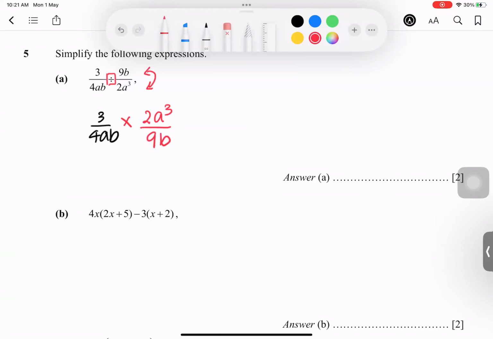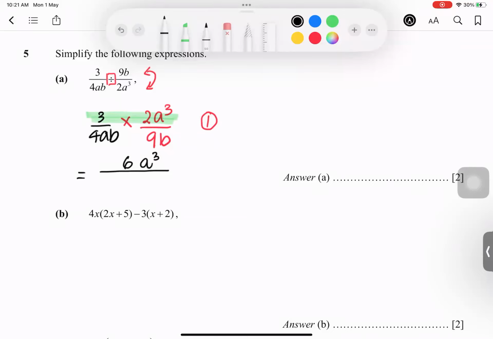You do this and you already got 1 method mark. So you must make sure you can do this. Then let's multiply our numerators together. 3 times 2a to the power of 3. 3 times 2a cubed. 3 times 2, 6. a to the power of 3.